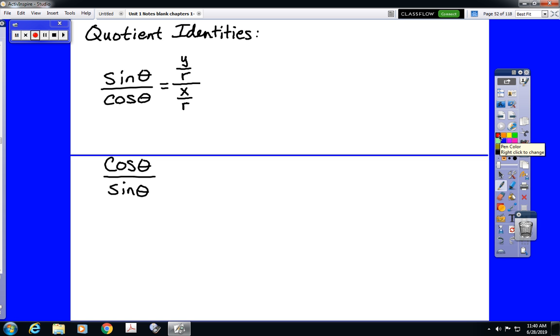So what we do is we multiply the bottom and the top by the reciprocal of the bottom. We discussed that at some point earlier in the chapter. All of the bottom cancels, and on top the r's would cancel as well, leaving us with y over x, which is tangent.